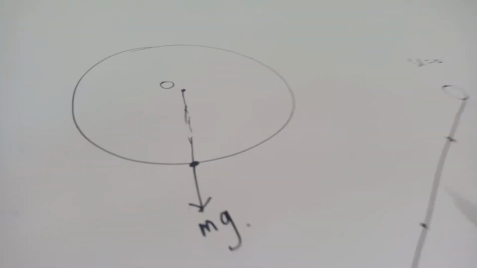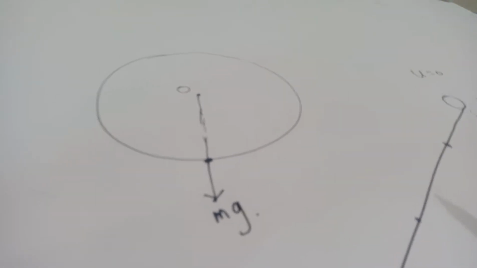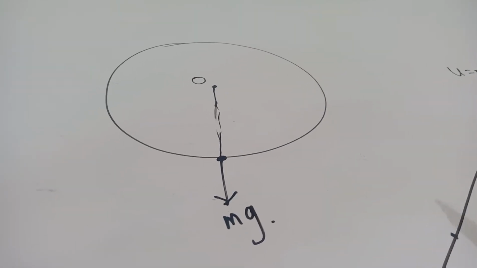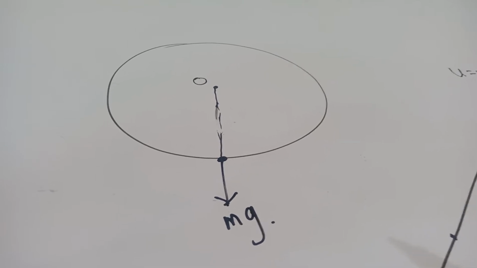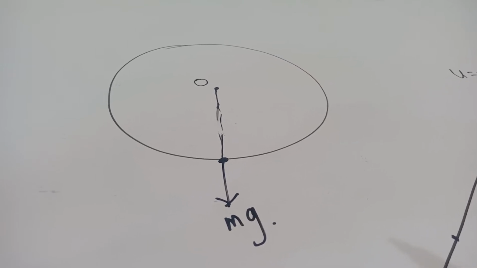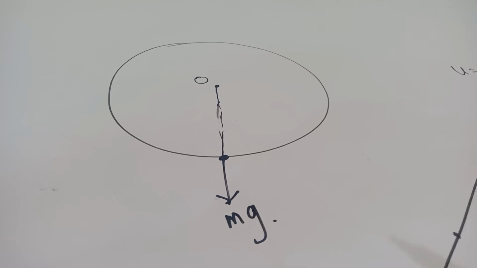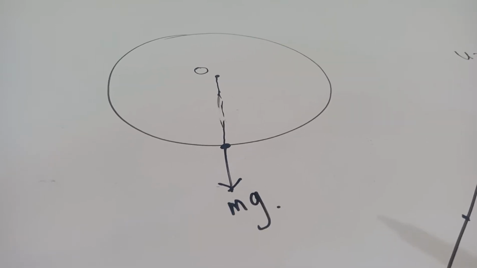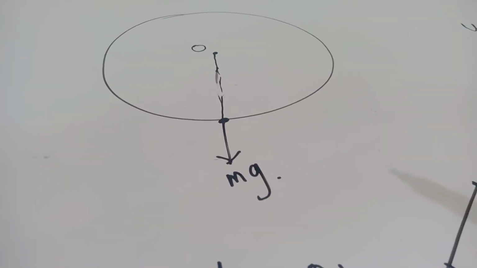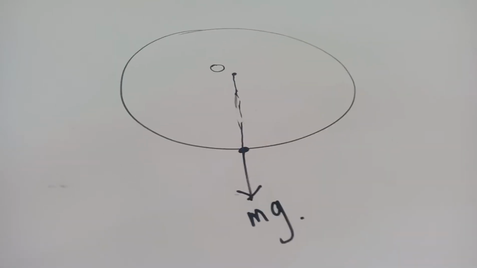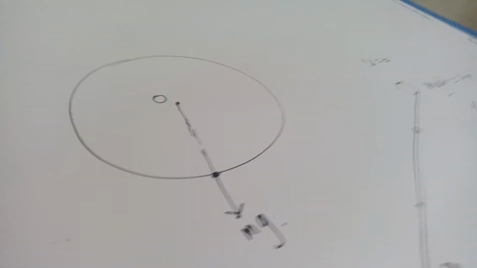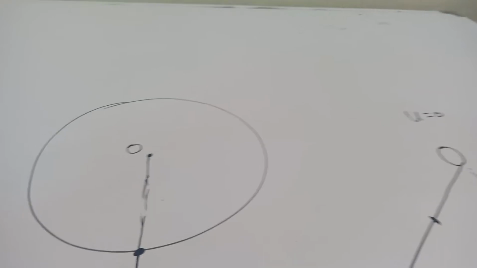Now we shall be using the same law of conservation of energy to prove that condition, that the initial speed should be greater than or equal to the square root of 5gr if any object has to complete the vertical circles. Okay, now let me erase this.